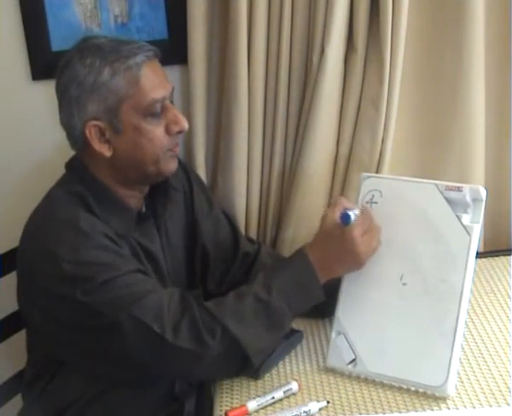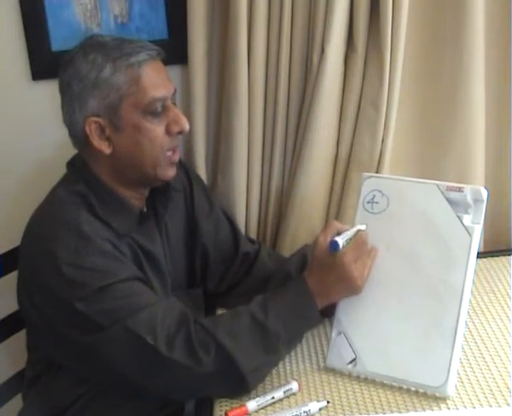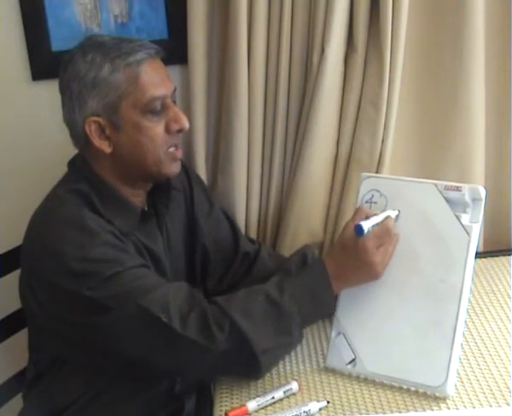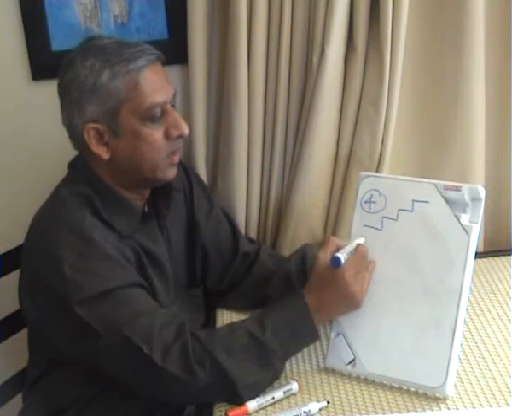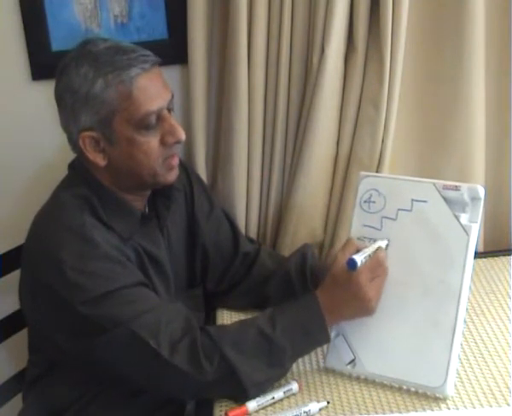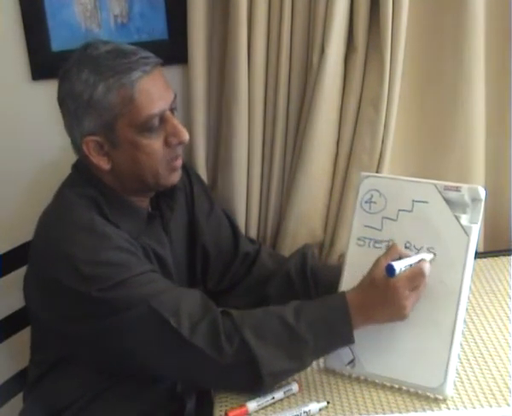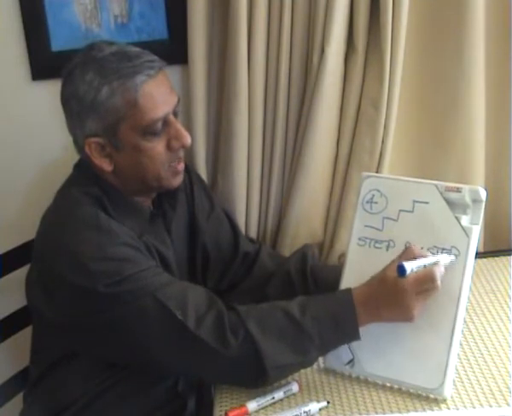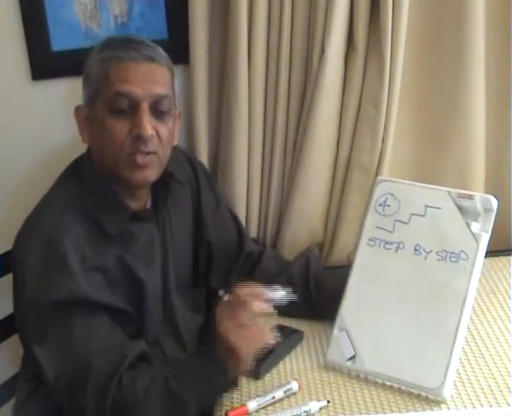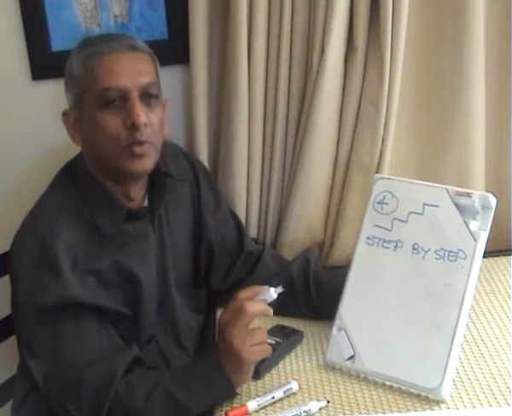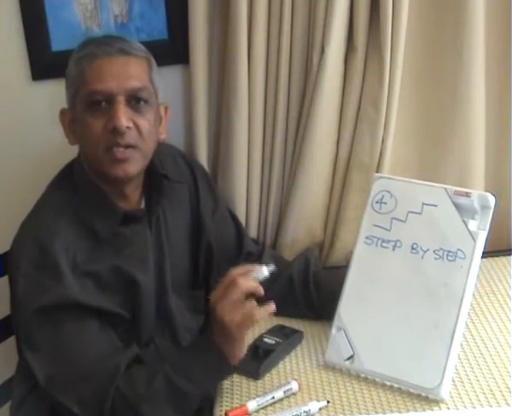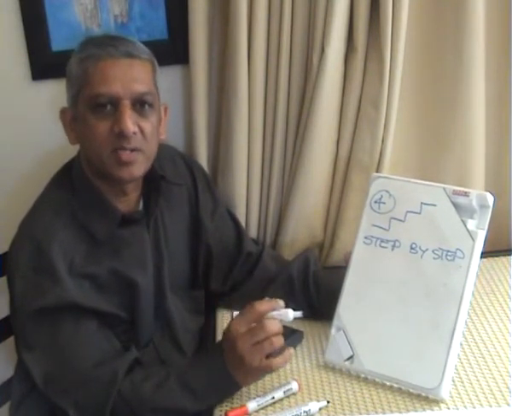Number 4. You have a right to learn step by step. You also have a right to tell the teacher to show you how to do it step by step.